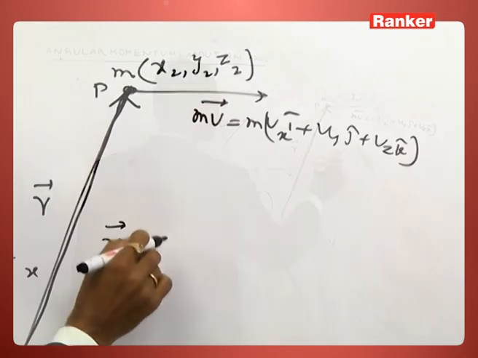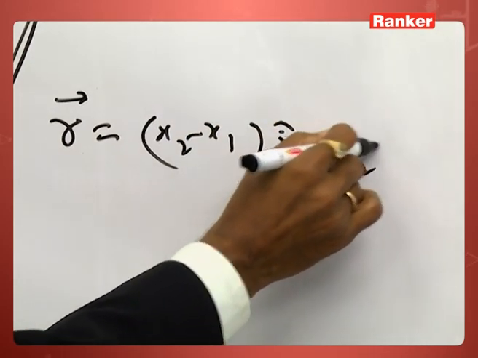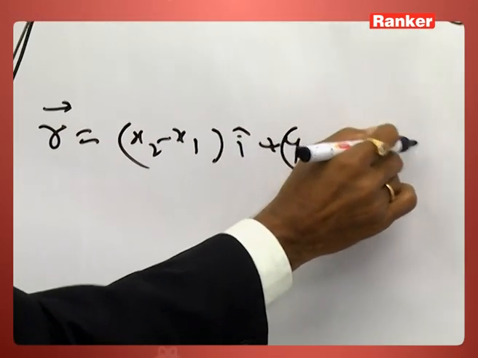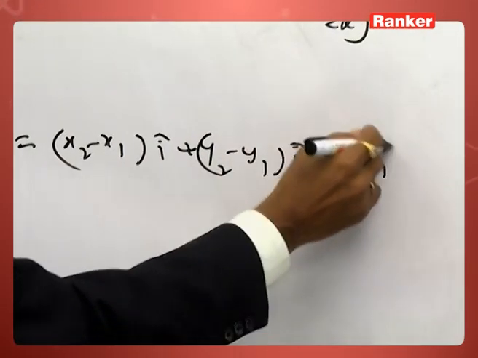The position vector can be written as (x2 minus x1) i cap plus (y2 minus y1) j cap plus (z2 minus z1) k cap.